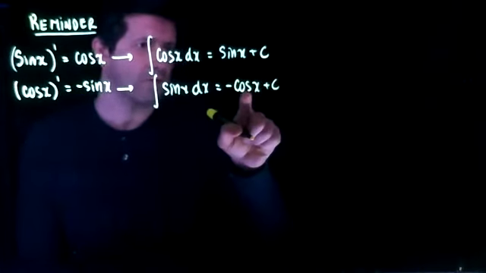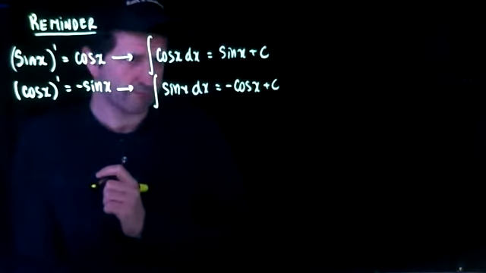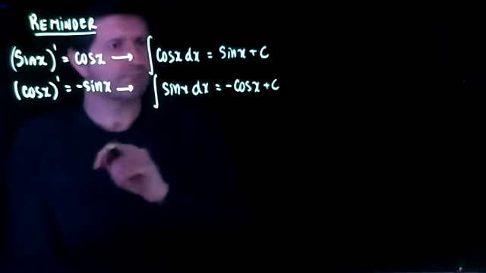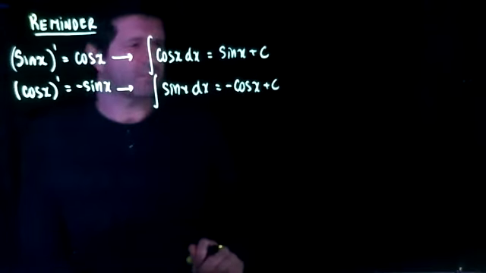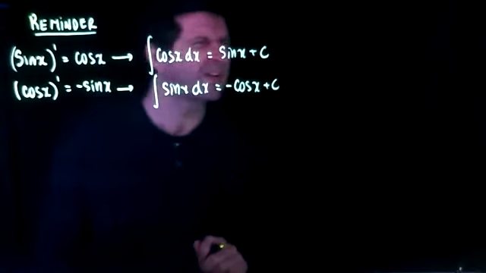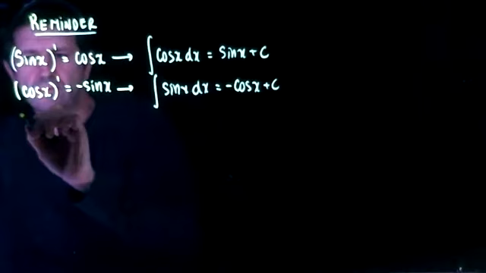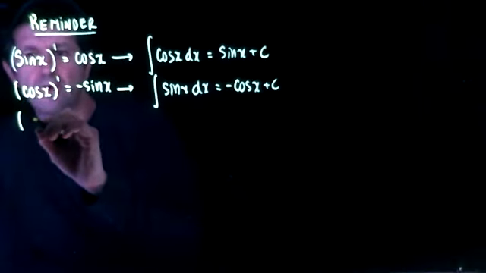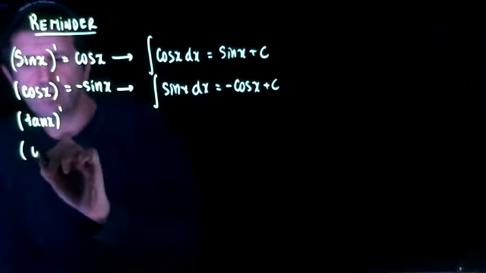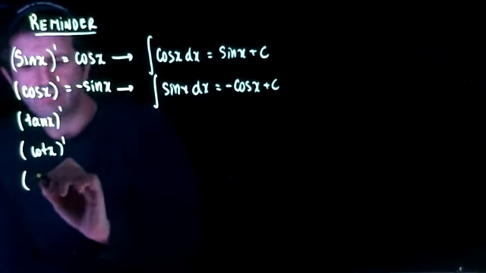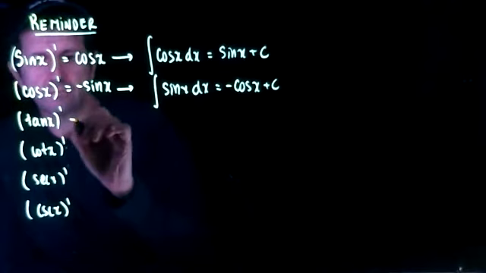Right? If you derive cos, you get minus sine. Yes, thank you. So if you derive minus cos, you'll get sine. So it's tricky. Okay, let's continue with the derivative of tangent, the derivative of cotangent, the derivative of secant, the derivative of cosecant.